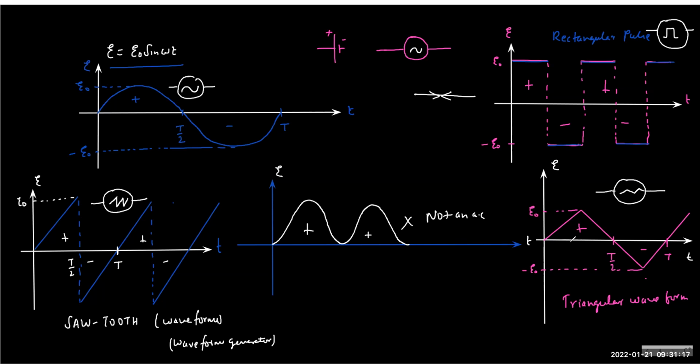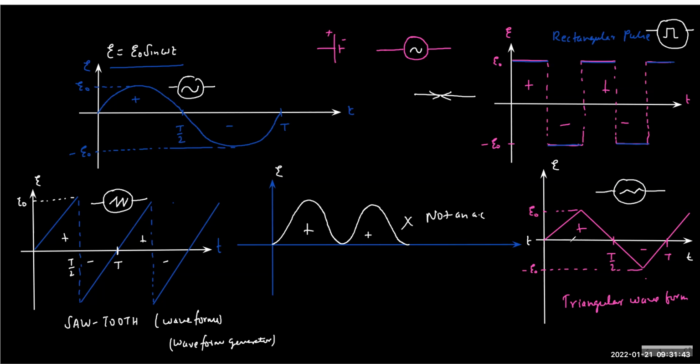It is the source which decides the current behavior. And because current is dependent on the voltage, our endeavor will be to understand how current will be developed in a circuit for the given voltage source.